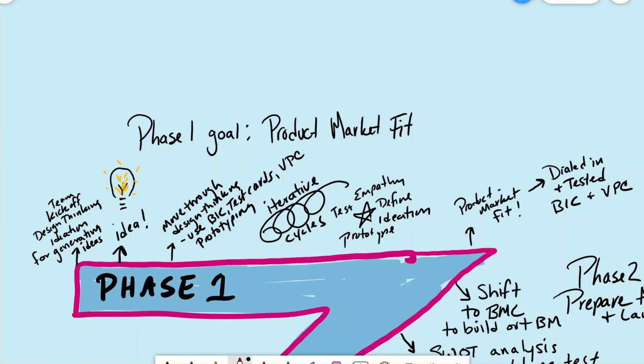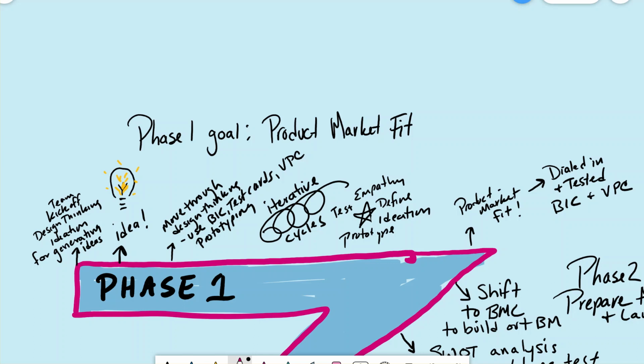And this offering delivers on the promise of pain relief or gain creation, and it actually has a product or service that does this, and it does it in a way that is unique or rare enough, or something differentiated enough from how they're currently doing it, so that people will actually change their behaviors and choose the offering that you have.